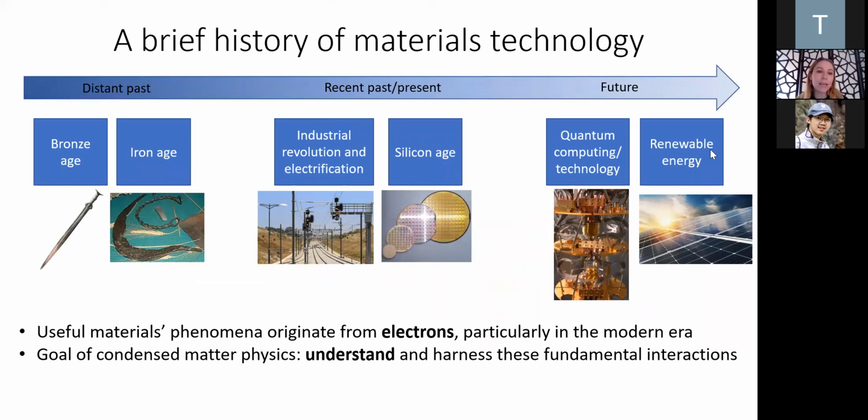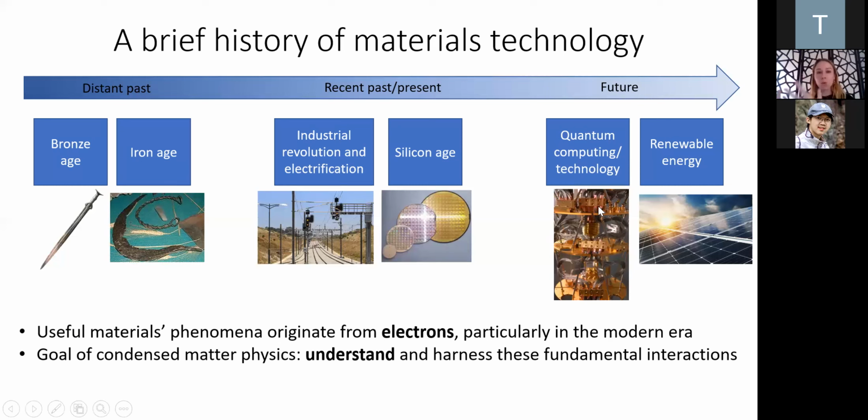So for example, in the distant past, we had the Bronze Age and the Iron Age, which represented humanity's ability to harness certain materials, namely for weapons. And then in the more recent past, we had a whole bunch of other materials coming to the fore with the Industrial Revolution and electrification and silicon-based electronics.